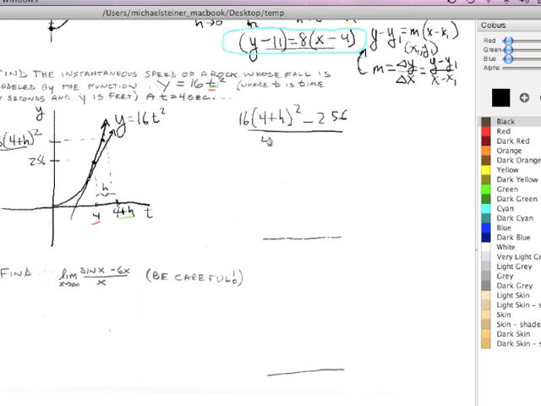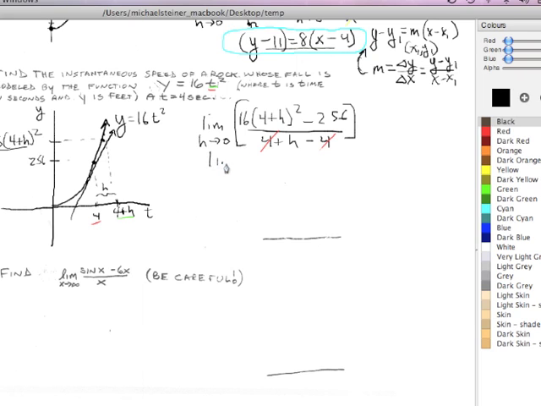This is 4 plus h minus 4. That's the change in x. And remember, our intent is to take the limit of this slope as h goes to 0, and that'll give us the slope of the tangent.